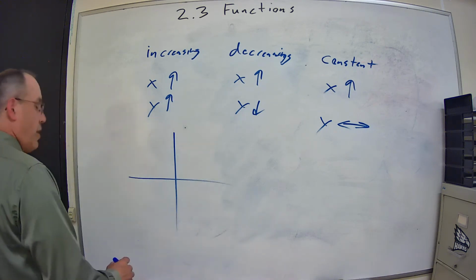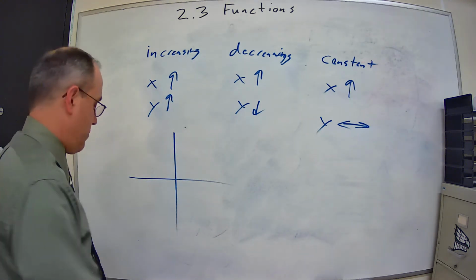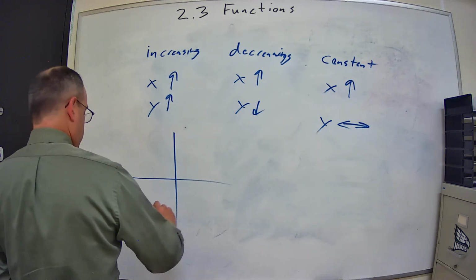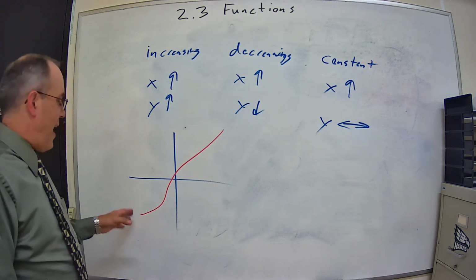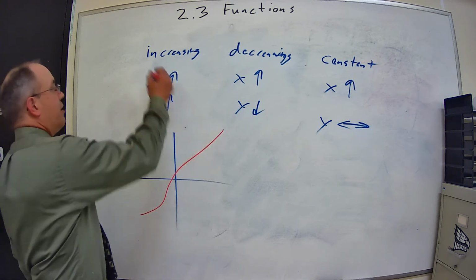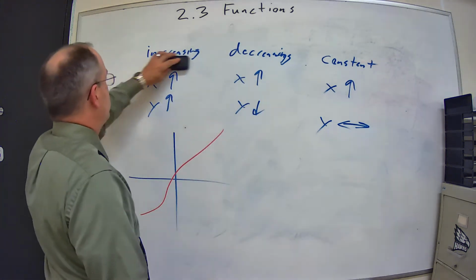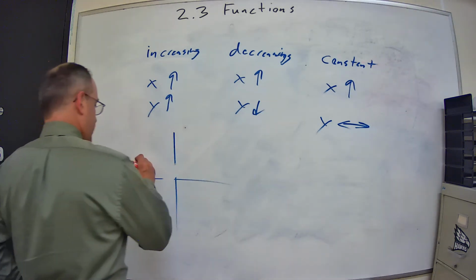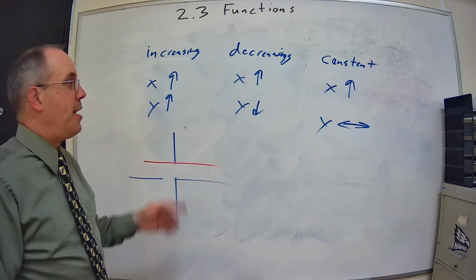So we can look and say, if I have the following graph, is it an increasing function, a decreasing function, or a constant function? Well, as x increases, so does y. Therefore, we have an increasing function. As x increases, y remains the same.